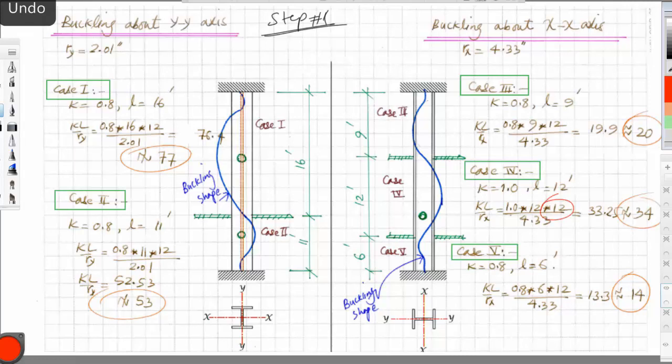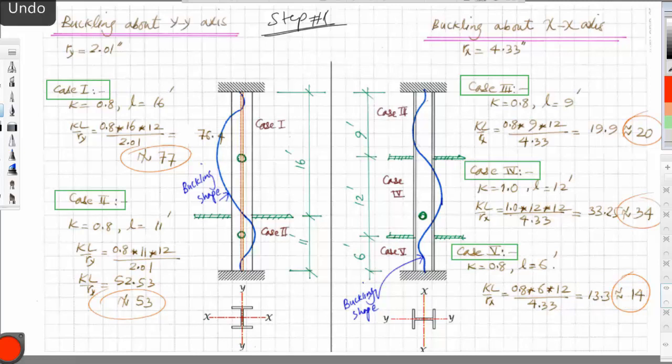And of course the conversion shouldn't be forgotten. And the Rx is 4.33. Again, you get 33.25. You round it up to 34. And same goes for the third case. The K value is 0.8, and the length is 6. You have to multiply by 12, and the Rx is 4.33. You get 13.3, round up to 14.